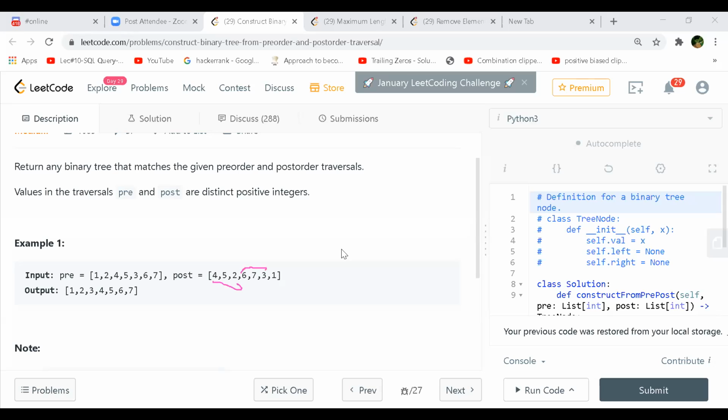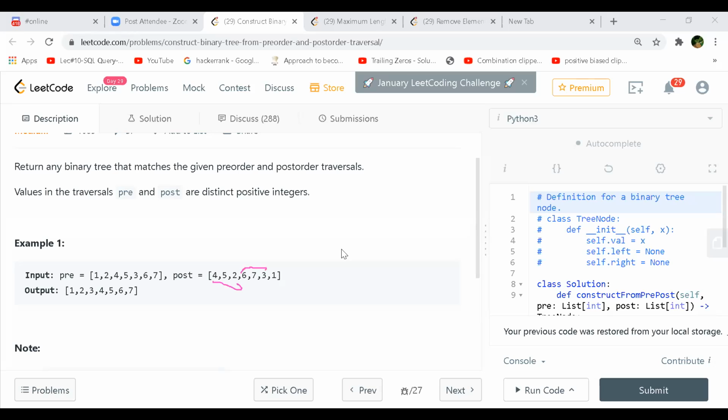Okay. So if we try to break this down recursively, the first element of the pre-order would be the root, right? Now I'm trying to build the left subtree. For the left subtree, I can simply move in the pre to 2, because that is the root of my left subtree.